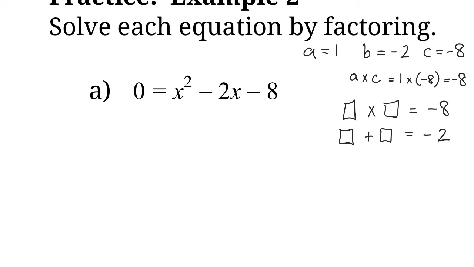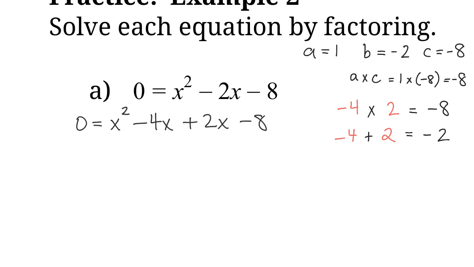So take a couple of seconds, figure out or think of what two numbers could work in both of these scenarios. So numbers that will work out for us would be -4 and 2. -4 times 2 is -8, and -4 plus 2 is -2. So -4 and +2 are going to be our magic numbers.